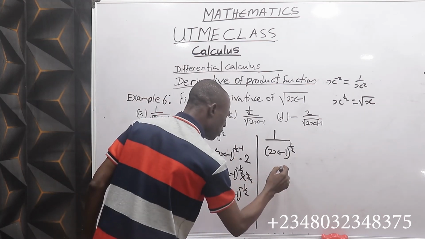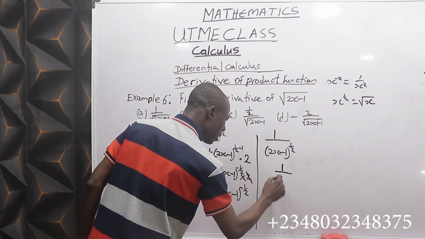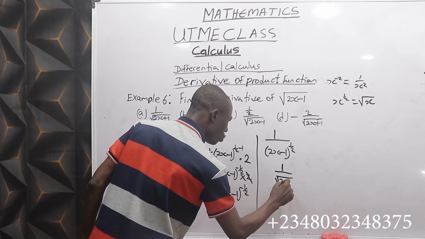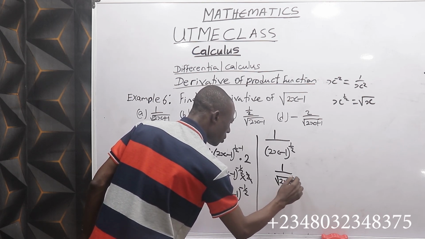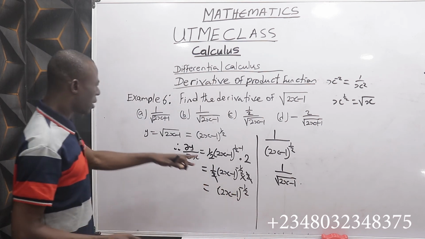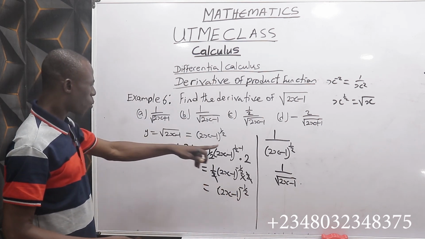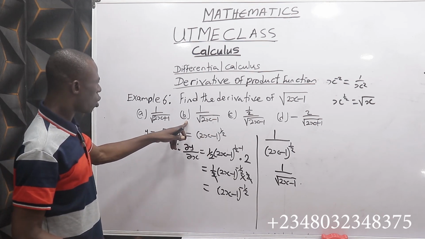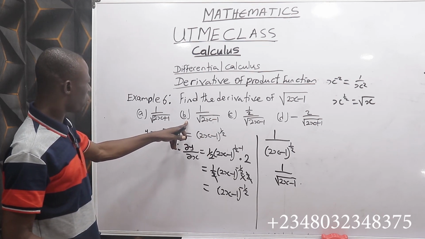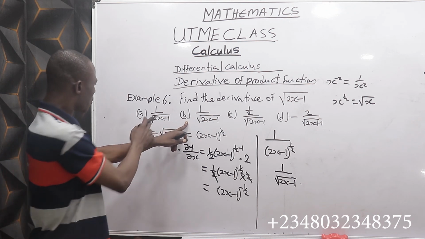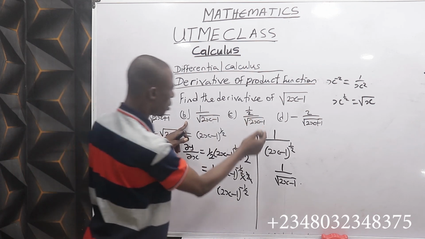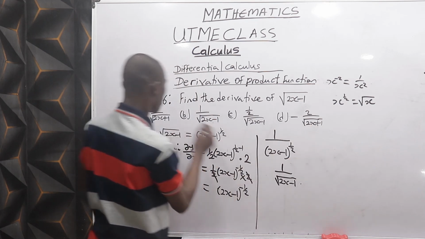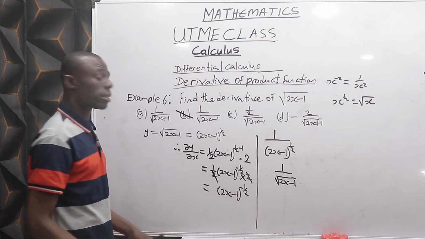So this is also the same thing as 1 over square root of 2x minus 1. And that will tally with which option there? 1 over square root of 2x minus 1. That is option B, if I am not mistaken. Yes, that's option B. Option B is our correct option.